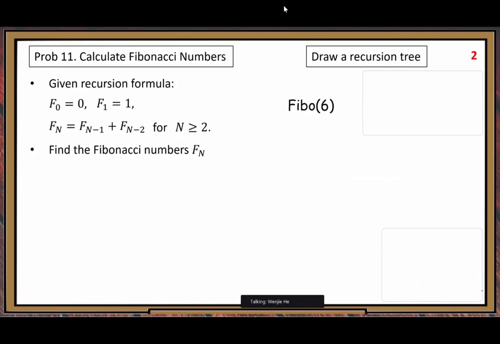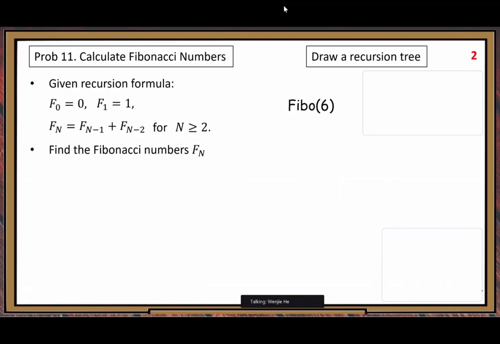I want to calculate Fibo of 6, a small Fibonacci number. Inside the computer implementation, inside the main memory, we use a stack, right? We push into the stack and do the calculation.